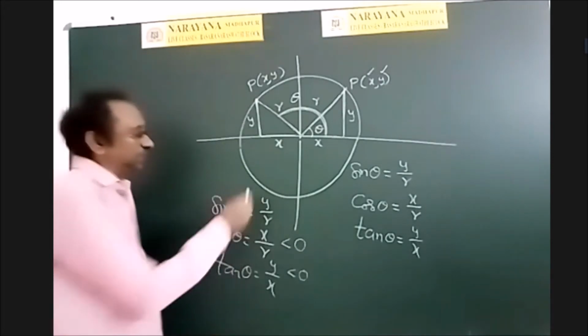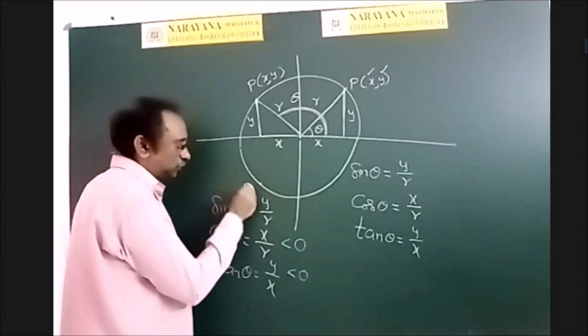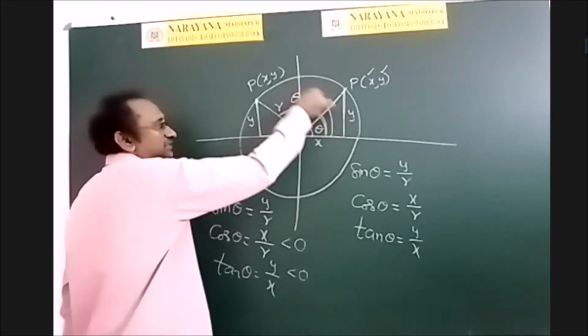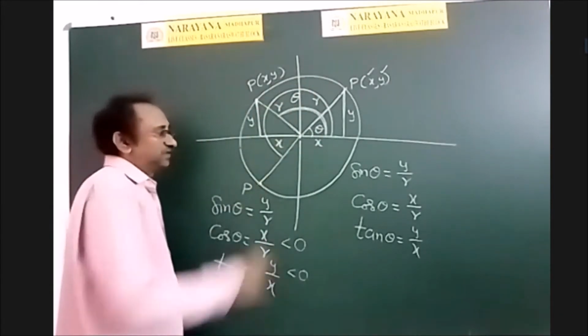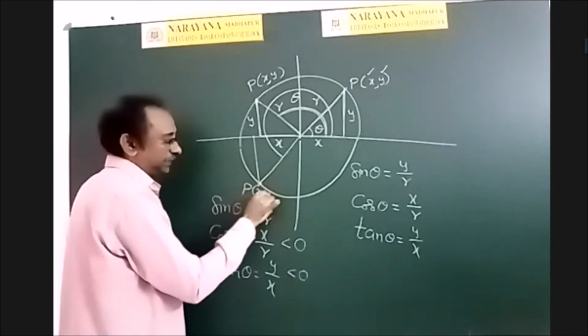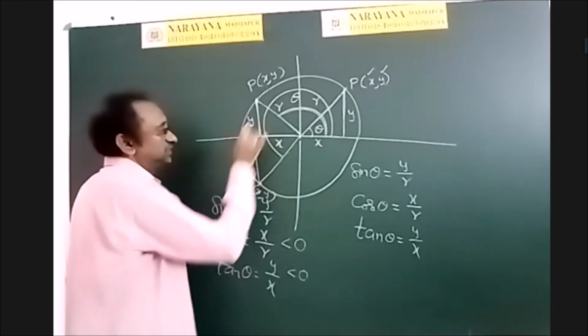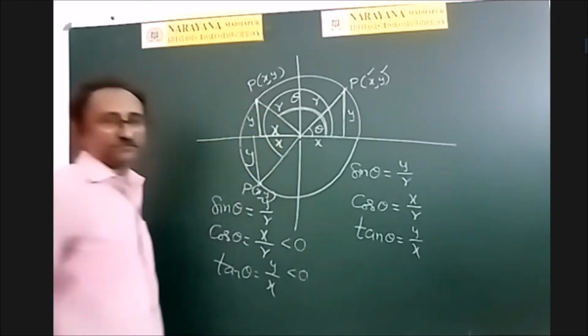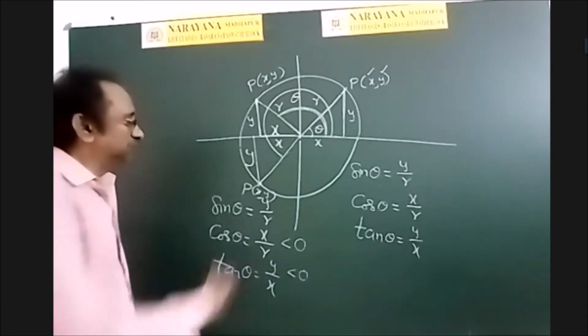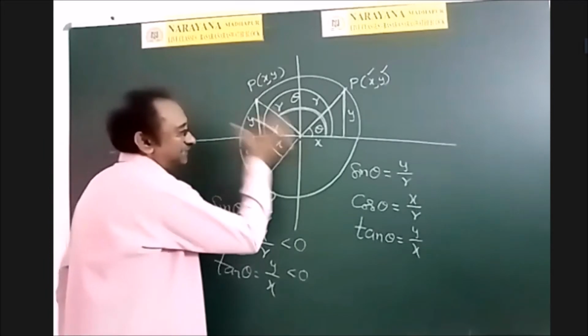Okay. Similarly, if you take a point in the third quadrant, an angle in the third quadrant, and now the angle is this one. For this, again the definition is similar. So if you consider the perpendicular, this is y and this is x. And therefore again the definitions are the same. But here see, y is negative, x is also negative.